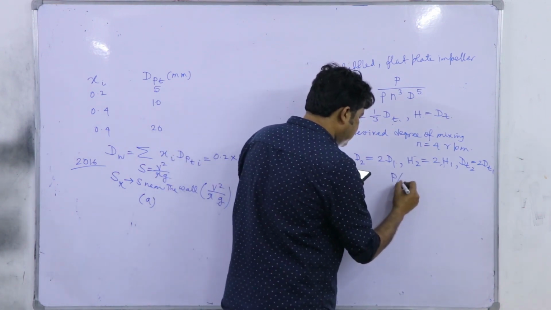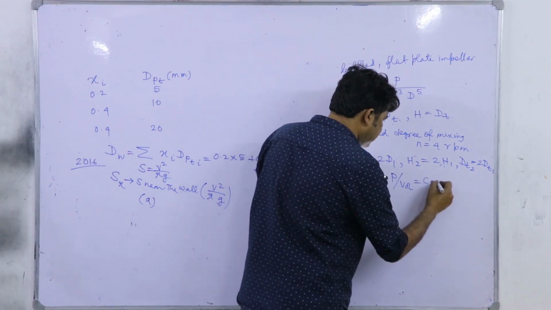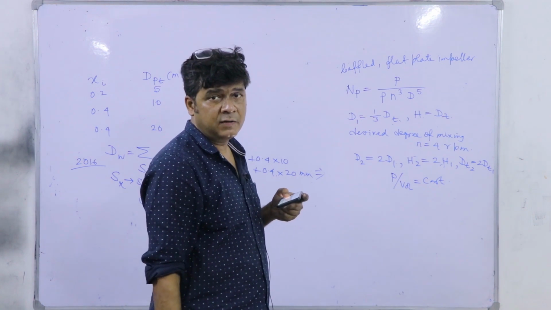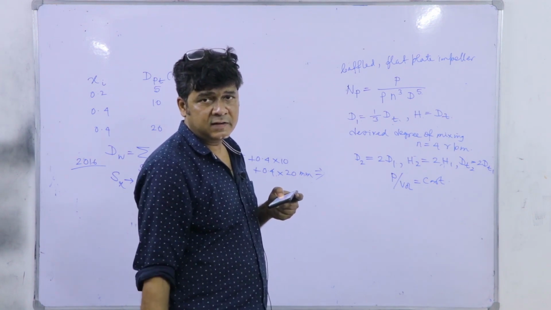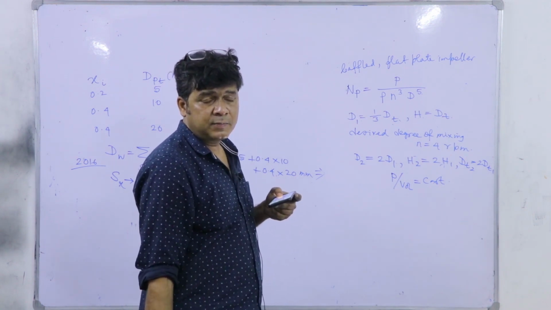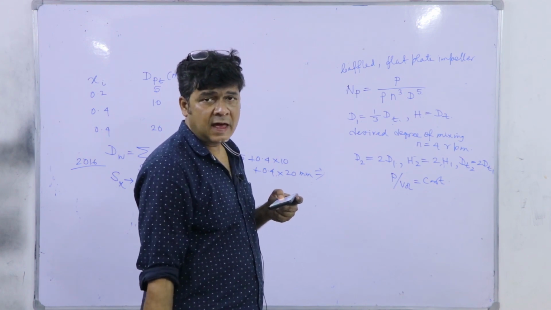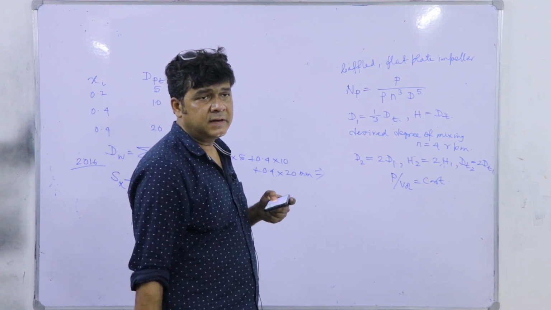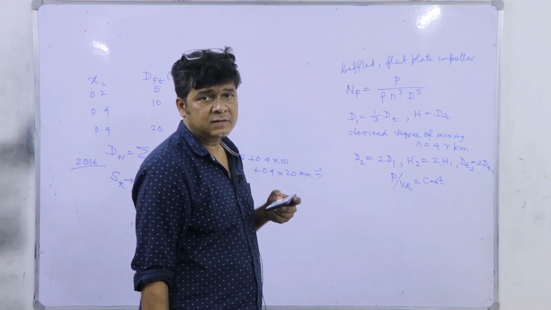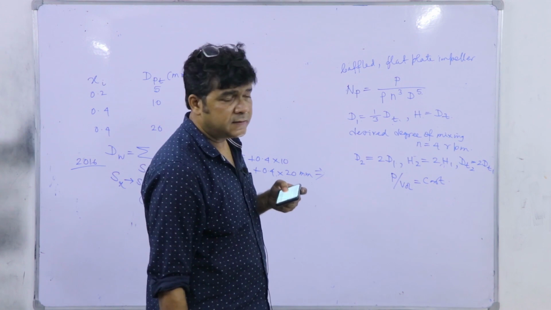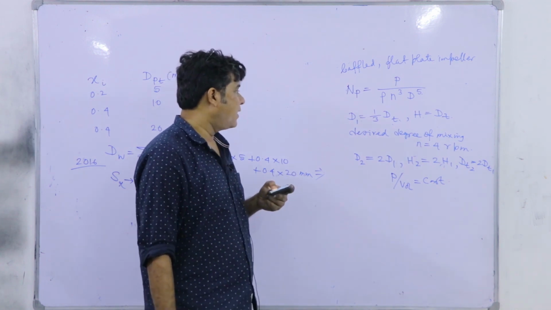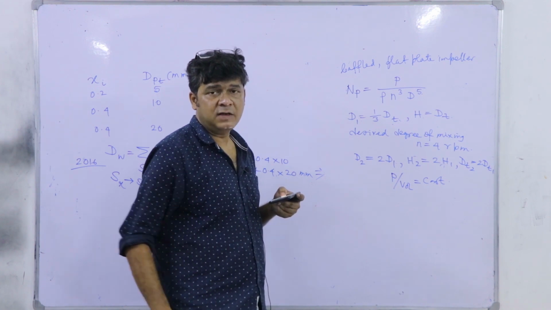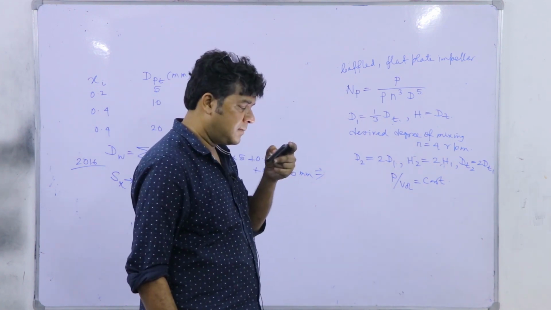That is the condition which you have solved in the previous question during this discussion. The power input per unit volume represents the degree of mass transfer or heat transfer, right? So if you want to keep the transport coefficient constant in an agitated vessel or a tank, we have to keep the power per unit volume constant.